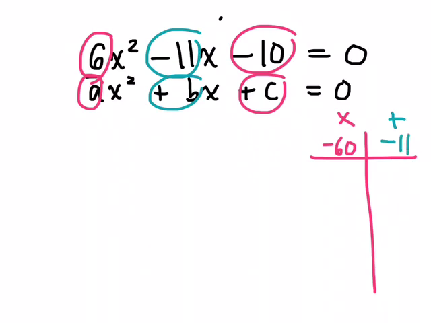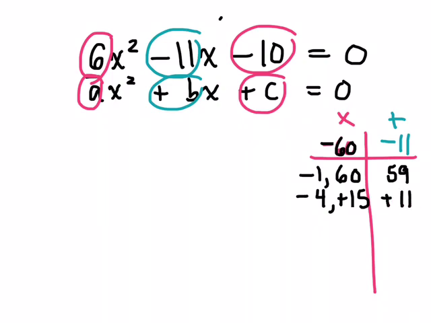Good. So I want you to list all the factors of negative 60. So let's start with negative 1 and positive 60, which would give me a sum of 59. That doesn't work, right? Okay, so let's do negative 4 and positive 15. What's negative 4 plus 15?